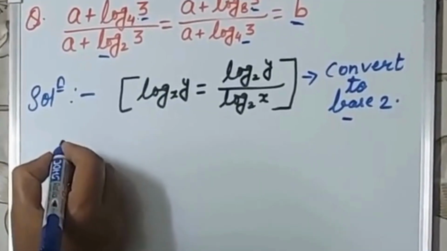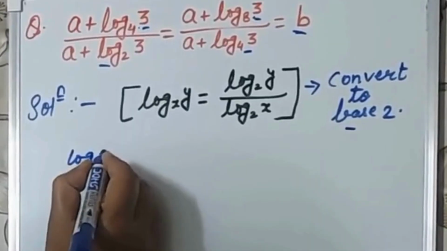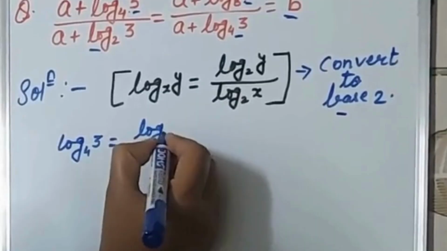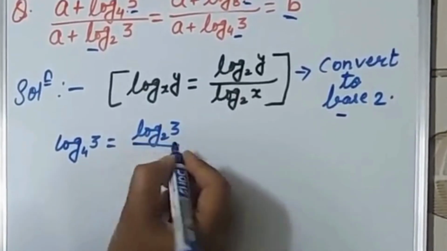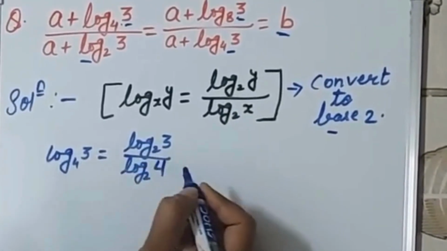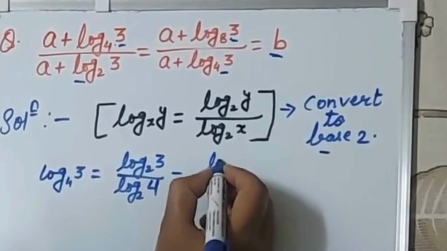So here we will write log base 4 of 3 will become log base 2 of 3 by log base 2 of 4. Again, we will simplify it.